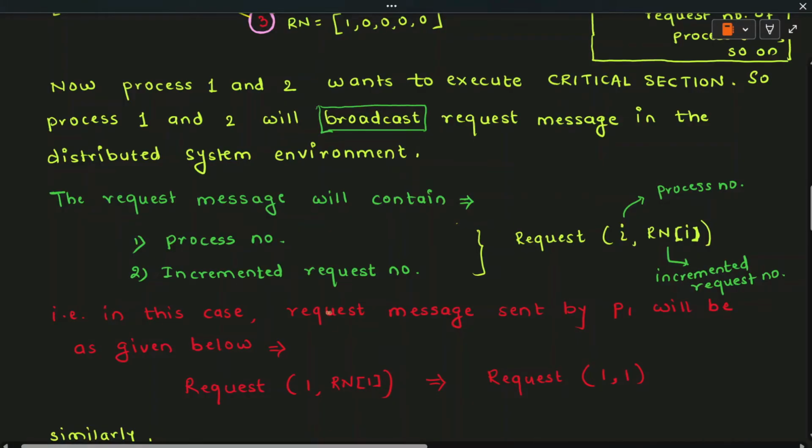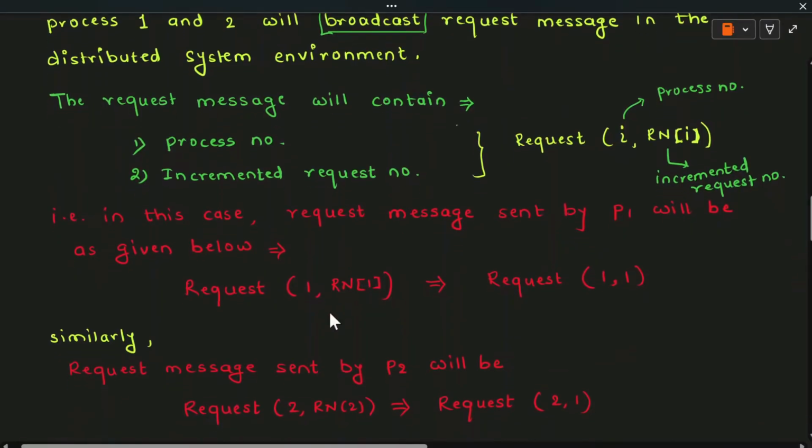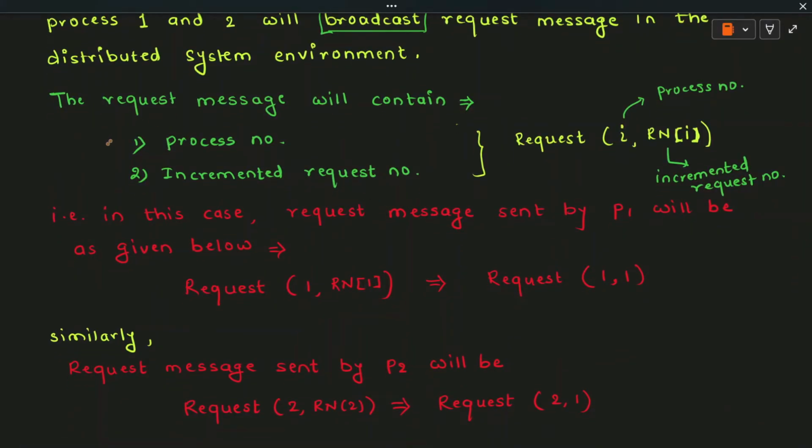Now the request message will contain two things. The first one is the process number and the second one is the incremented request number. So suppose this is my request, it will contain the process number, which is represented by i here, and it will contain the request number of i, and that request number will be the incremented request number.